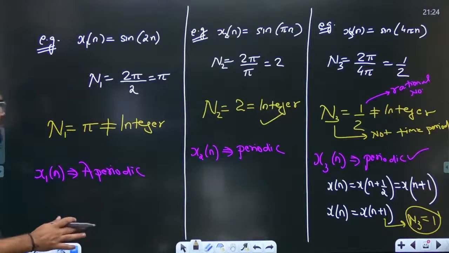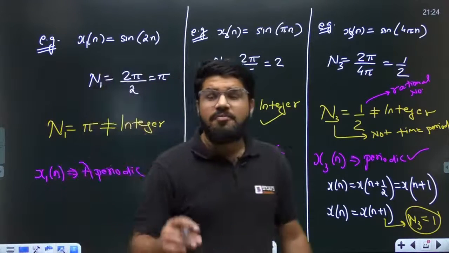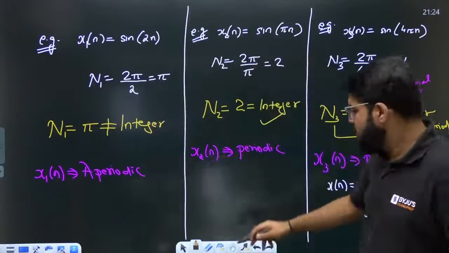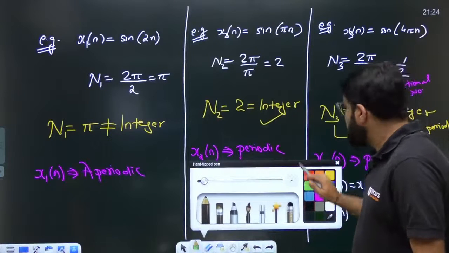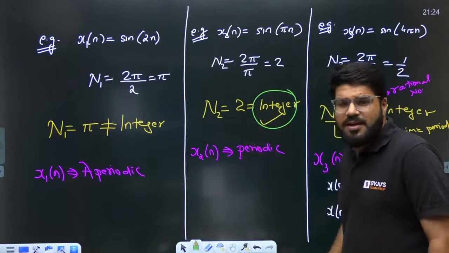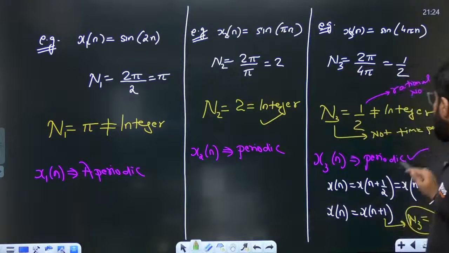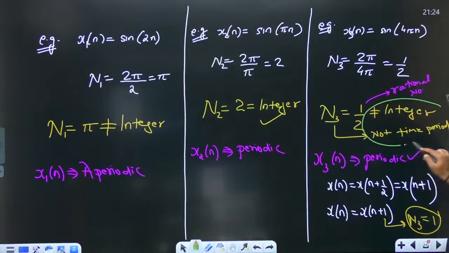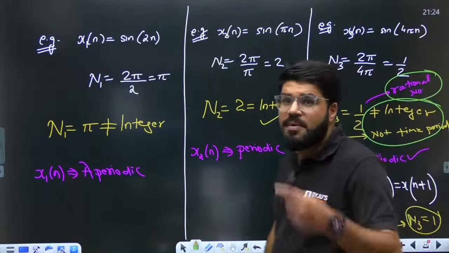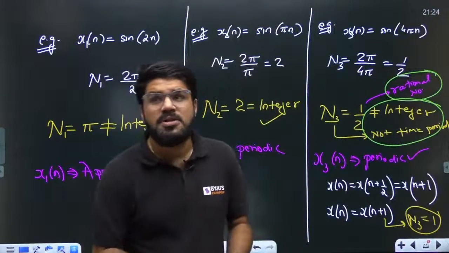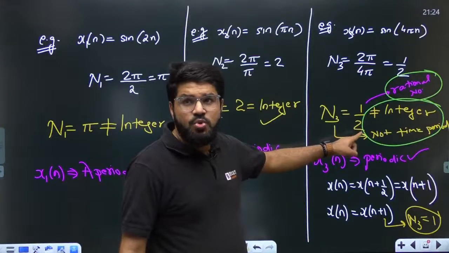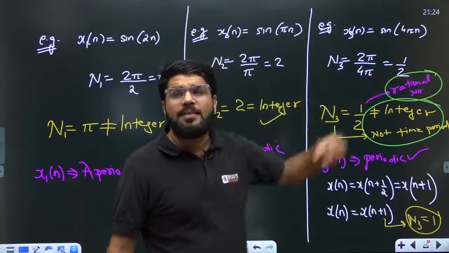So the final condition that came up is that for the signal to be periodic, its time period either should be directly an integer, well and good. Even though it is not an integer, if it is a rational number, a ratio of two integers, then there is a possibility that you can multiply it by an integer, suppose 2, so that 1 by 2 into 2 becomes an integer.